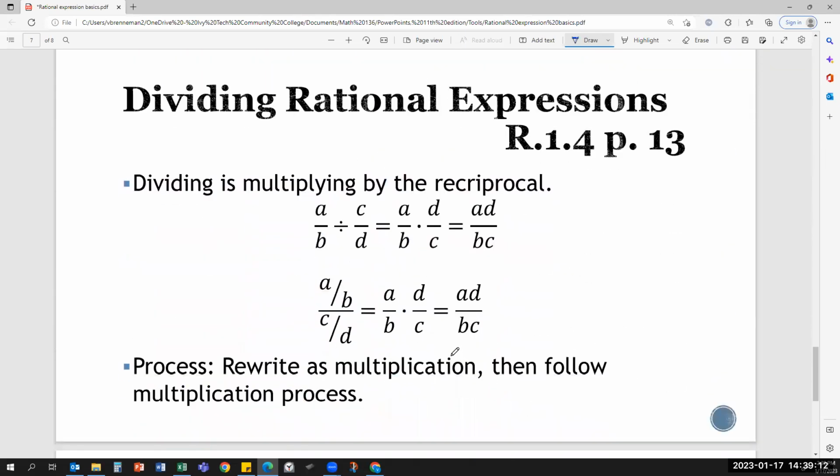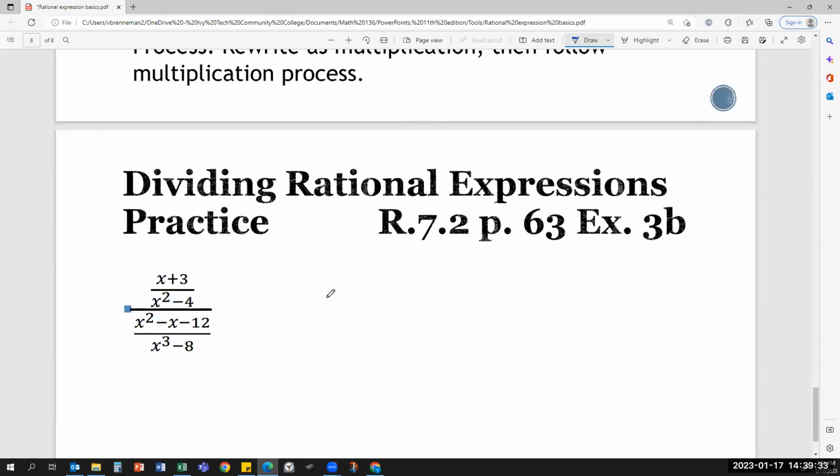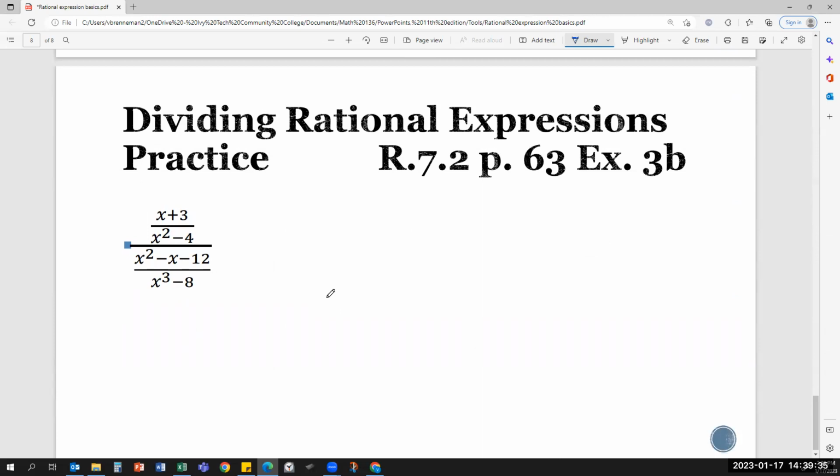Dividing rational expressions is similar to multiplication, just an extra step of flipping the fraction that's being divided by. So a over b divided by c over d is a over b times d over c. That can be written with a division symbol or as a fraction over a fraction. I would do this as 2 steps, rewriting as multiplication and then the factoring and the canceling.